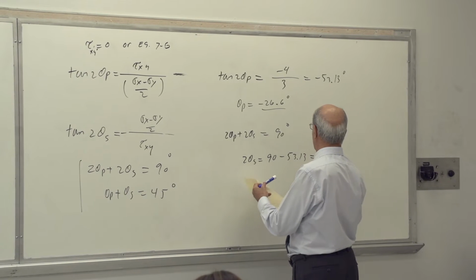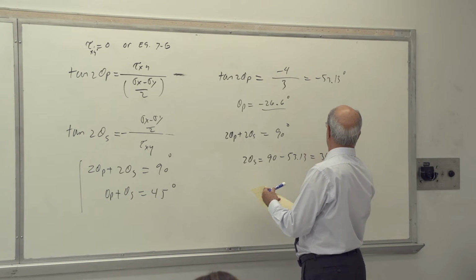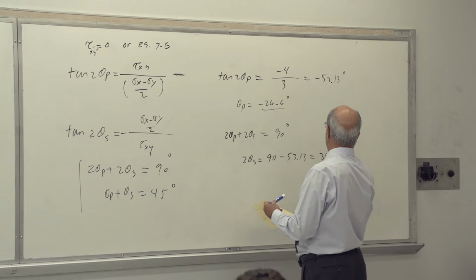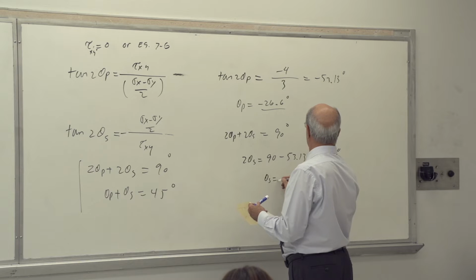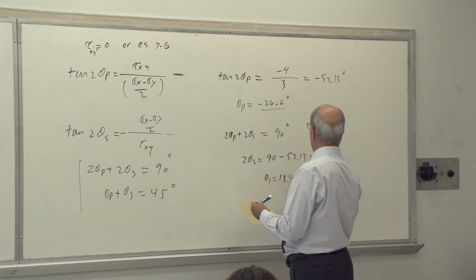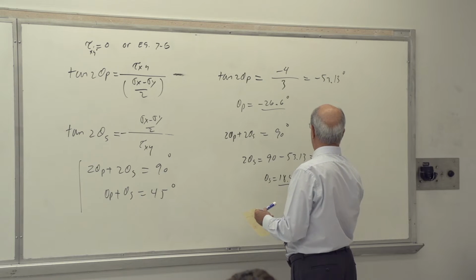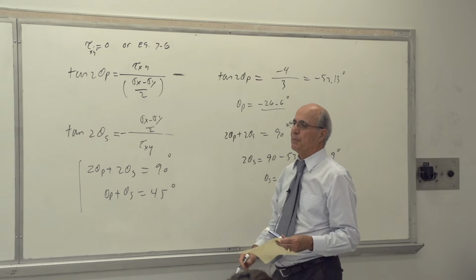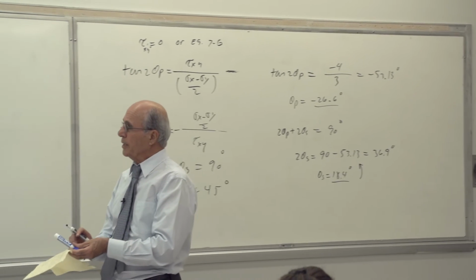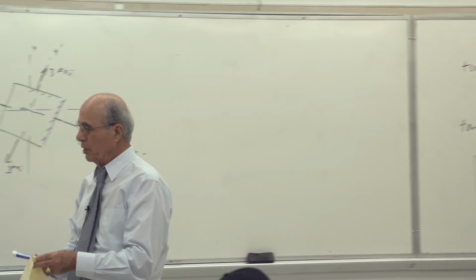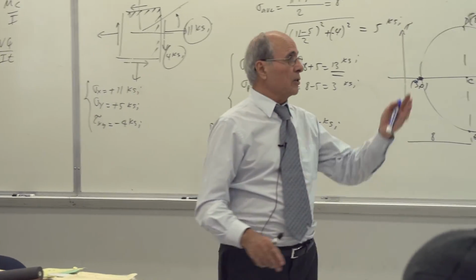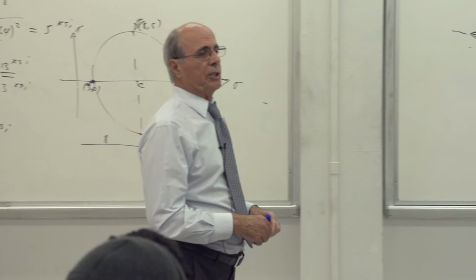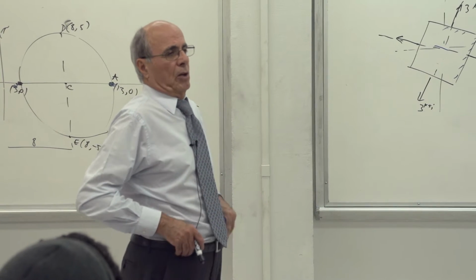So that becomes equal to 36.89 degrees, or theta s becomes equal to 18.4 degrees. But this time it is plus, therefore I have to go that way. So we go either plus or minus, and there is an explanation for it. Hopefully I will have enough time to explain that to you in a minute. However, you calculate that one, and then also you plot it. But plotting it is a little bit difficult to do.